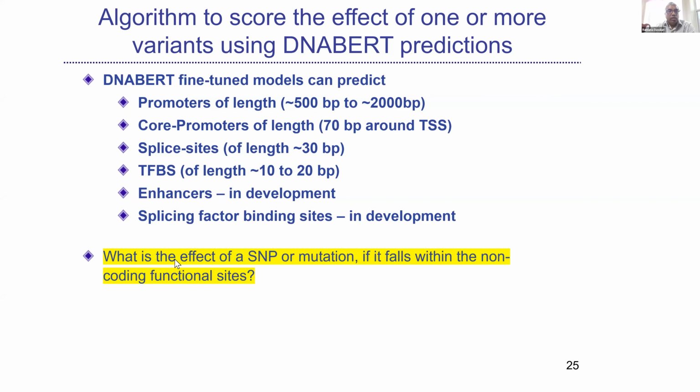Okay, so then the important question is, what is the effect of a SNP or a mutation if it falls within the non-coding functional sites? If a SNP or a group of SNPs fall in that region, what is the effect on the prediction of that particular promoter or splice site?